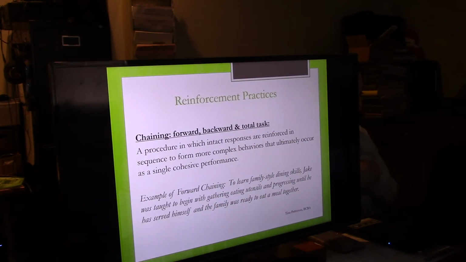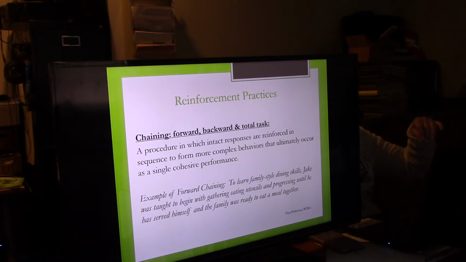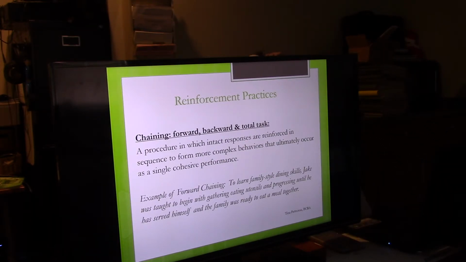Chaining: forward, backward, and total tasks. So learning to tie your shoes, learning to wash your hands. You can either teach it from the first step on, like you would naturally do it, or you can teach it from the last step and do it backwards. Like Nadine with our little guy hanging up his coat would do backward chaining with him.